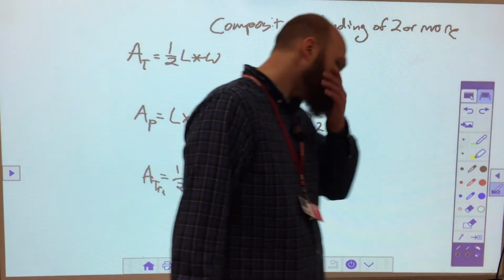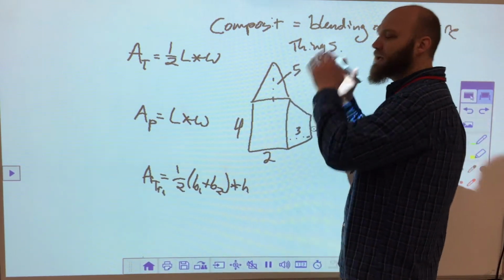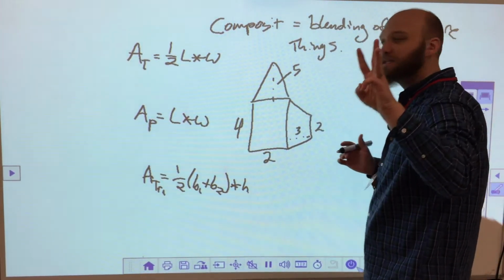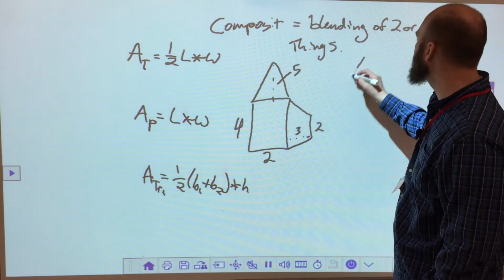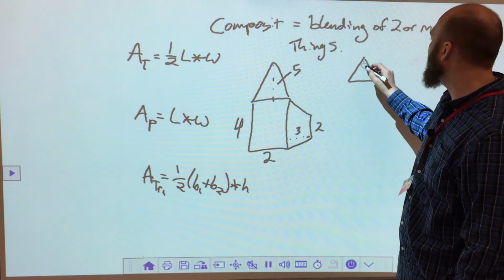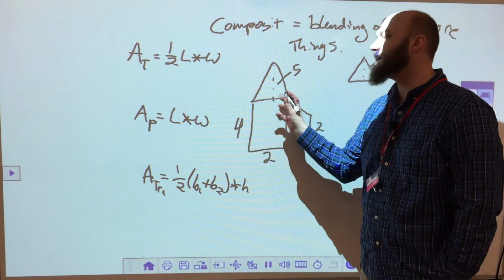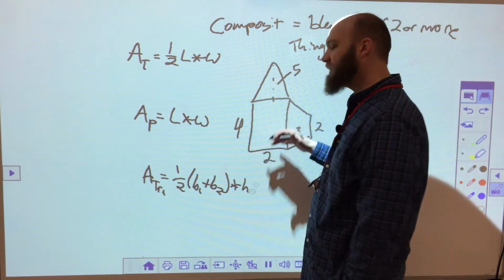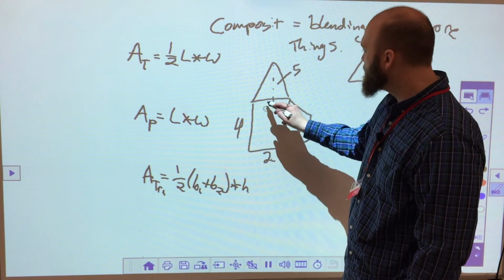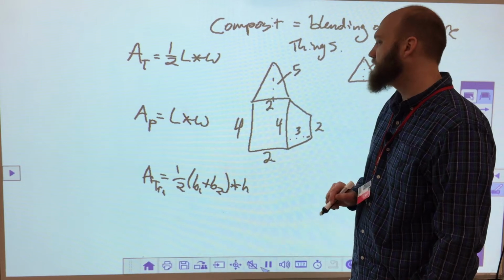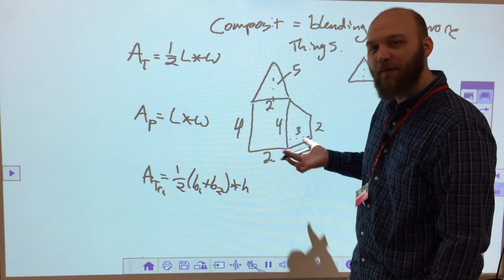All right? So what I'm going to do is, in my mind, and I'm going to show you here for the sake of the video, break this up into 3 distinct things. So the first one is my triangle. I have a triangle that has a height of 5. What is the base? It's not listed here, but I know that this is a parallelogram. So if this is 2, that must also be 2, just as this must also be 4, right? It's a rectangle. That makes sense.